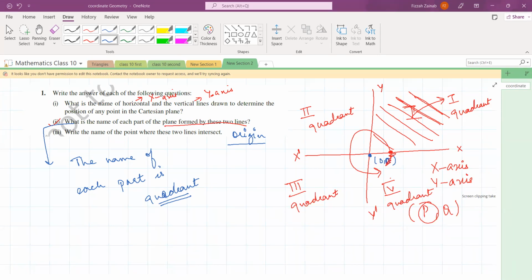Let me just share the book itself. Okay, next question now.